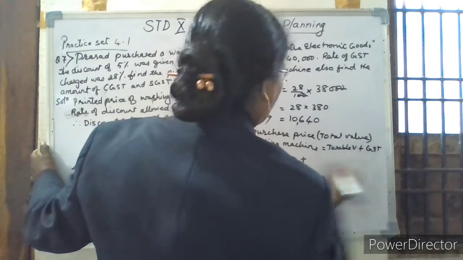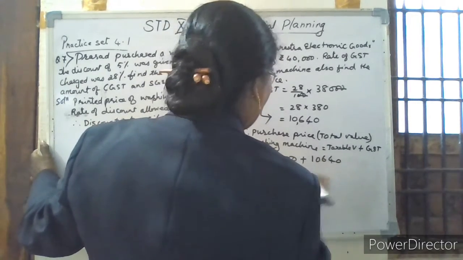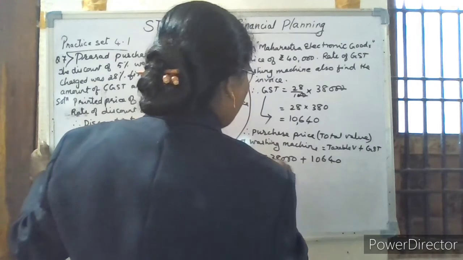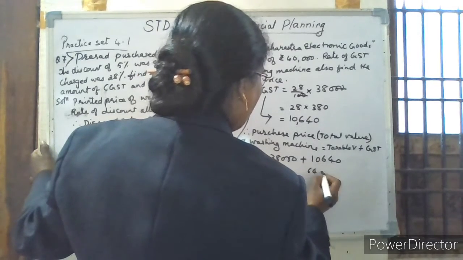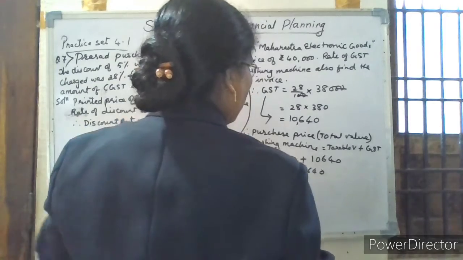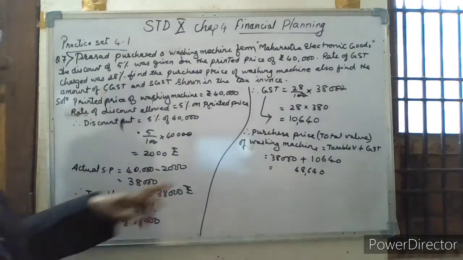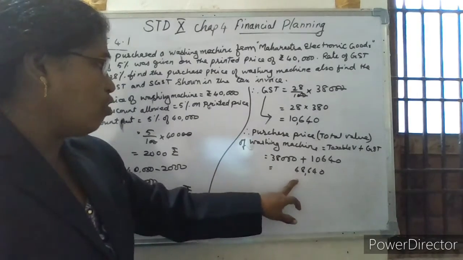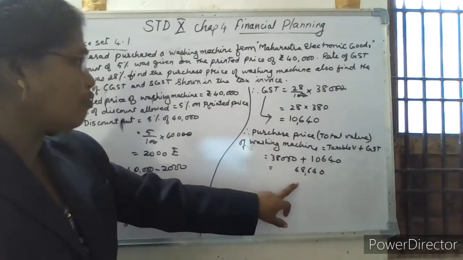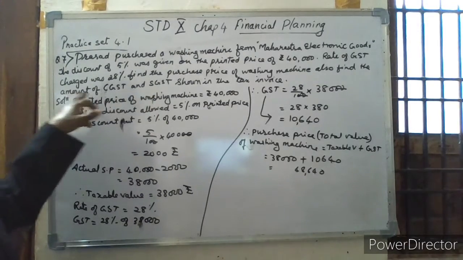That is GST is 10,640 and that will give you 48,640. So this is the total value of the washing machine. Now the next question is, find the amount of CGST and SGST.